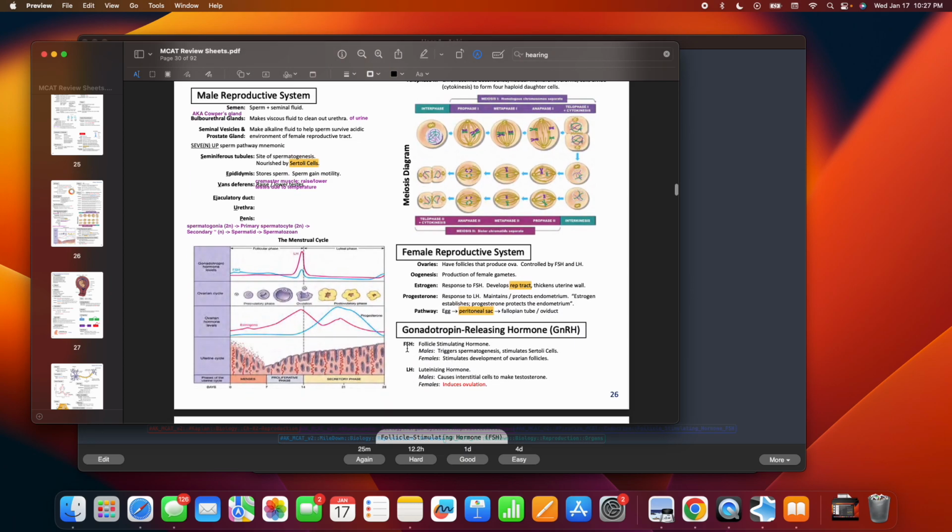So we have FSH with progesterone, estrogen response is a response to FSH, right?